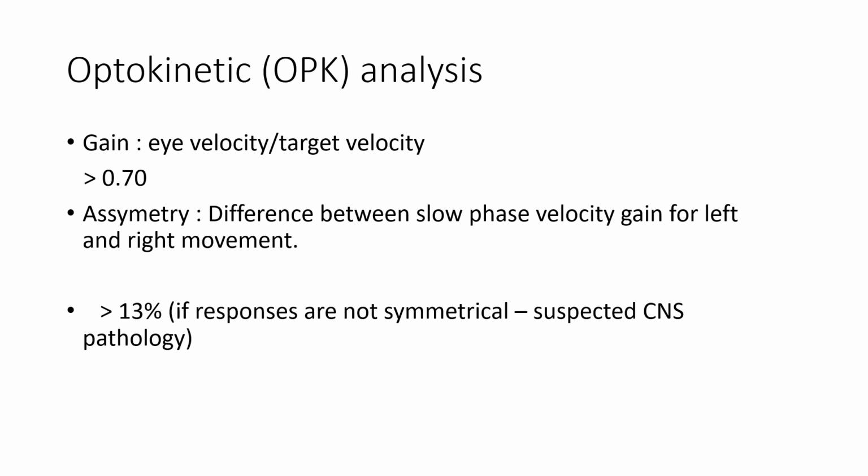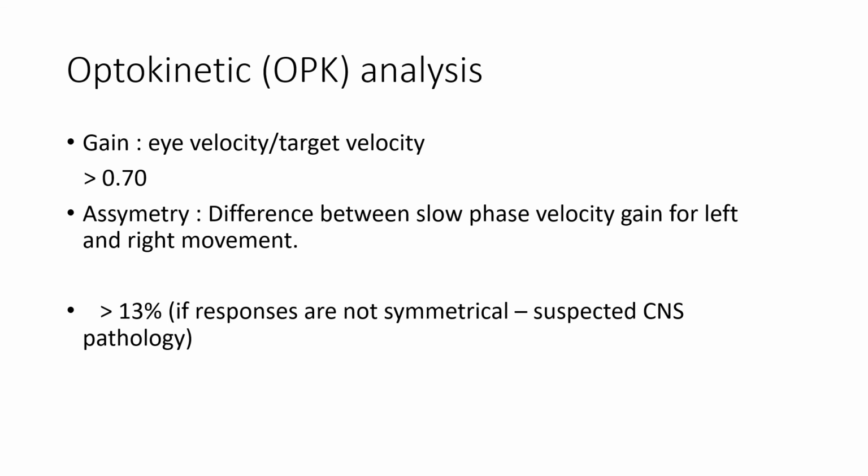Sometimes the OPK stimulus is disturbing to some patients during the test. Therefore, it can vary substantially in the same individual from trial to trial. Averaging can be used to overcome this problem. The result can be complete loss of OPK or significant asymmetry.